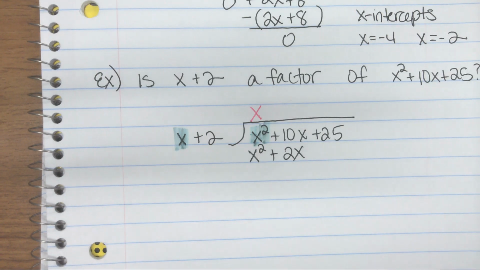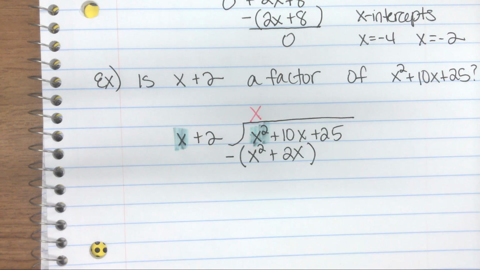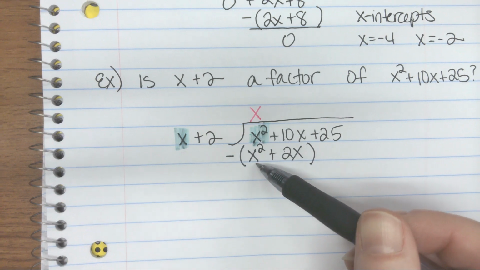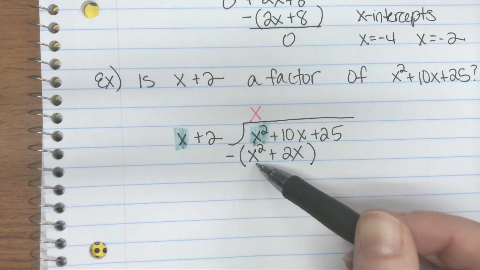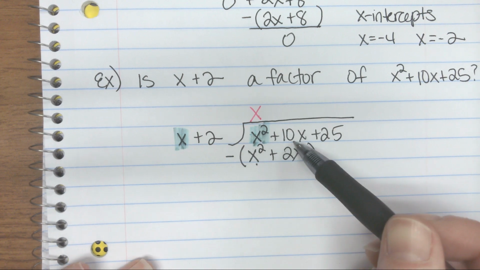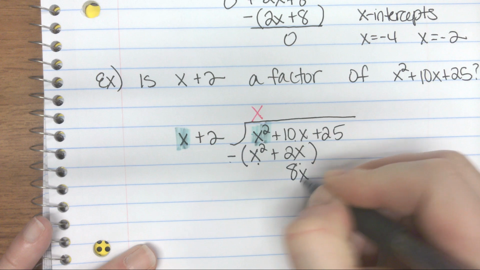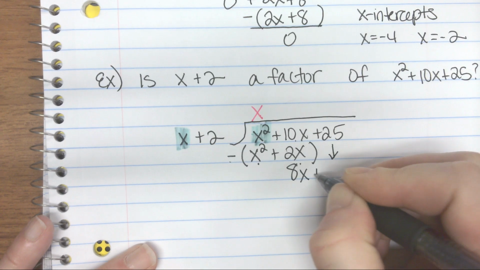All right, next we subtract. Don't forget to subtract the whole thing. x squared minus x squared, that one should always cancel because we specifically picked it to go in an equal number of times. 10x minus 2x is 8x. We drop down the next thing, the plus 25.